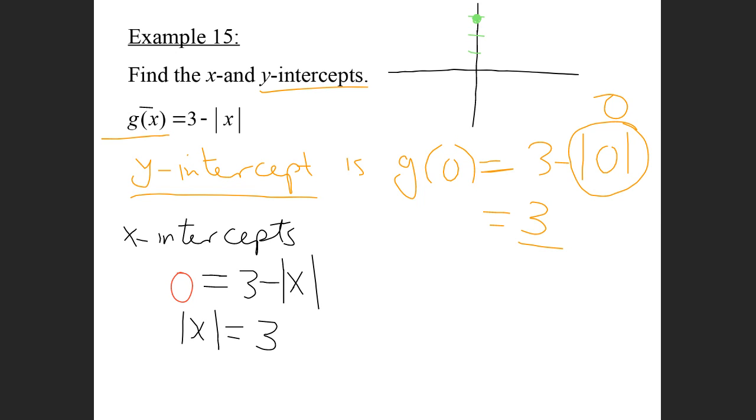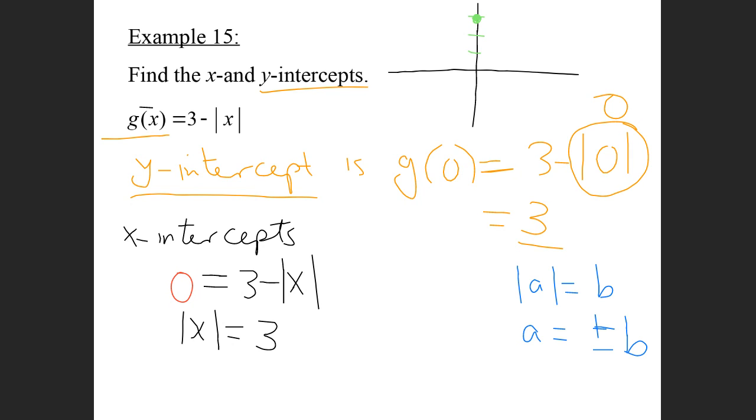How to solve an equation with absolute value? Just remove the parallel lines, but add what? Plus or minus. When you solve the absolute value of a equals b and you want to get rid of these bars, just add plus or minus to the right-hand side.